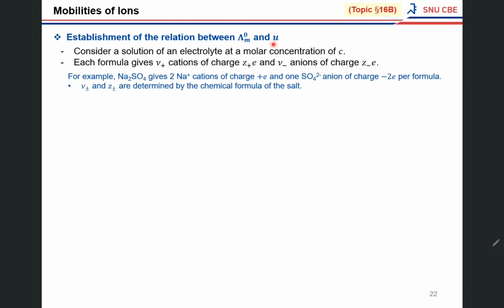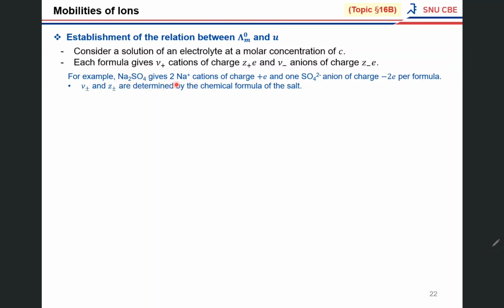So we are going to consider a solution of electrolyte having the molar concentration C. Each formula of the salt gives nu plus cations of charge Z plus e and nu minus anions of charge Z minus e. For example, we have sodium sulfate.